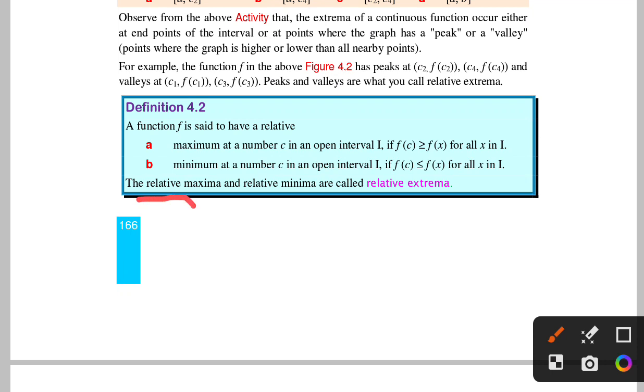Relative maxima and relative minima we call relative extrema. When we call the relative extrema, we call relative minima and relative maxima.